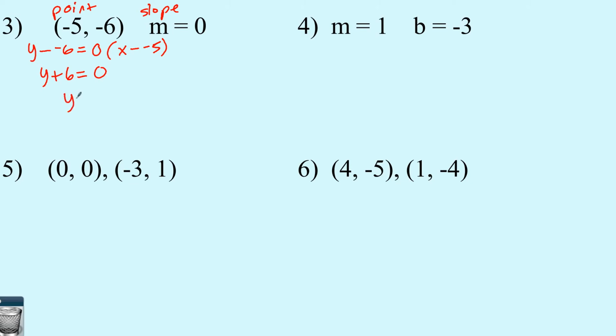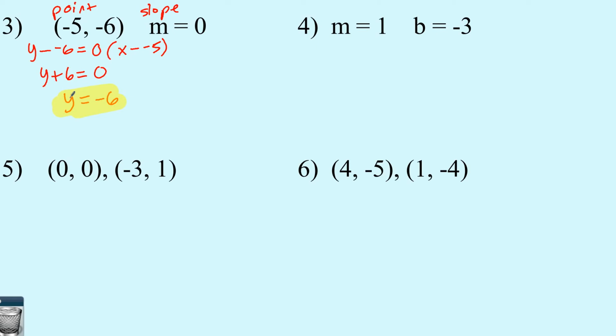So then I get y equals negative 6. All right, which is nice. And hopefully we remembered that if our slope is 0, that's a horizontal line, and horizontal lines are y equals.